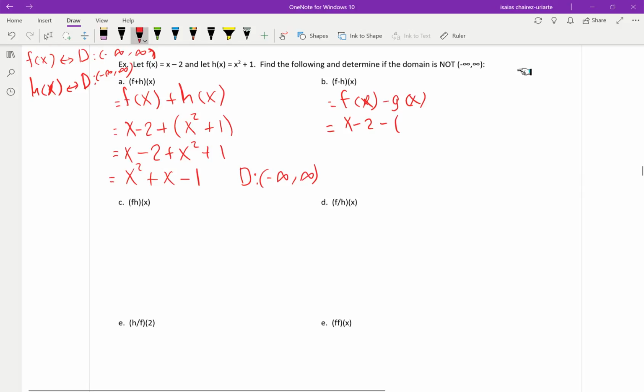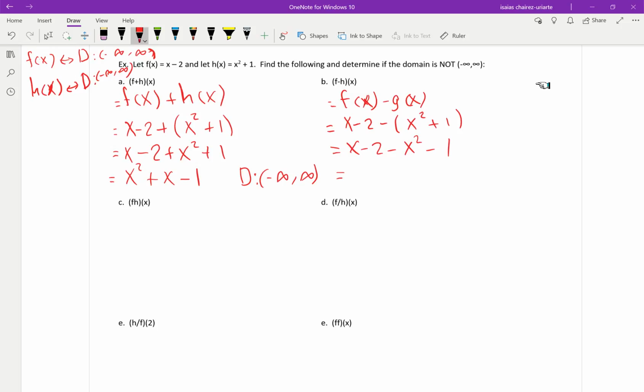Earlier in the previous example I also used that parentheses and it wasn't as important, but I'm going to get in the habit of using this just to be careful. So x minus 2 minus, I open a parentheses, and then this is x squared plus 1. Okay, so then this becomes x minus 2 minus x squared minus 1.